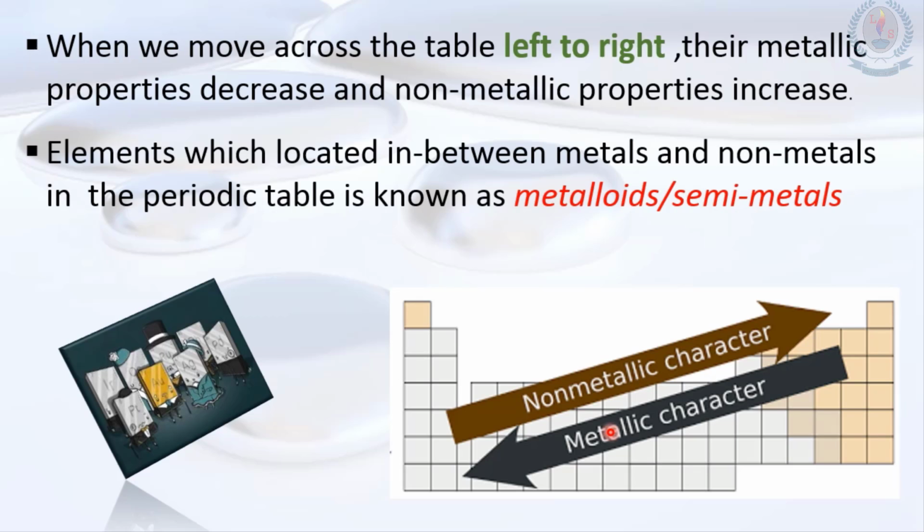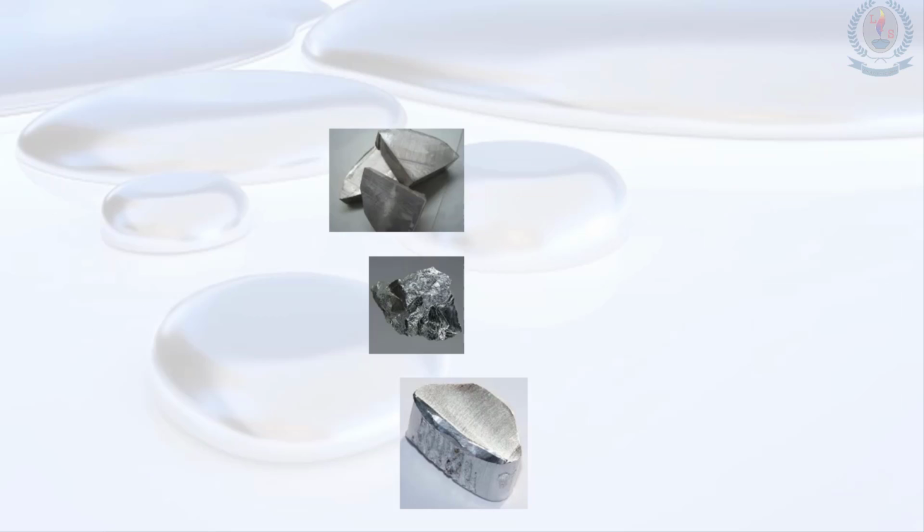Also, we have already learned that the elements located in between the metals and non-metals in the periodic table are known as metalloids or semi-metals. You can use either term, it's up to you. What you have to remember is that when we move across the periodic table from left to right, non-metallic properties always increase and metallic properties decrease.